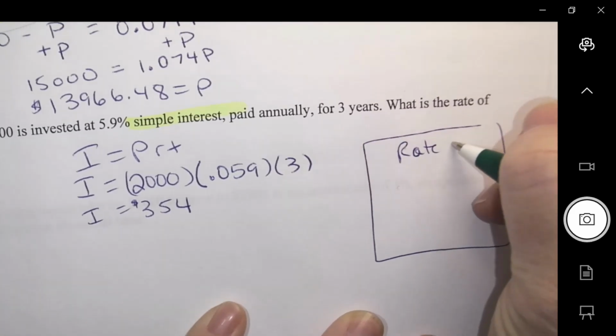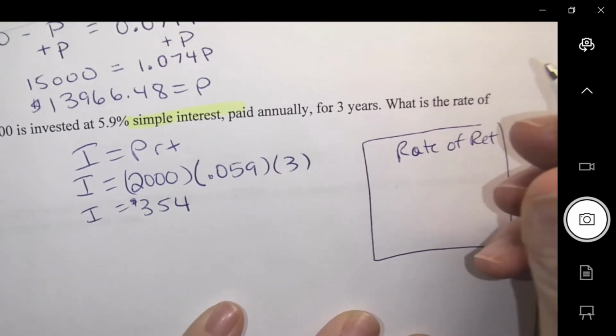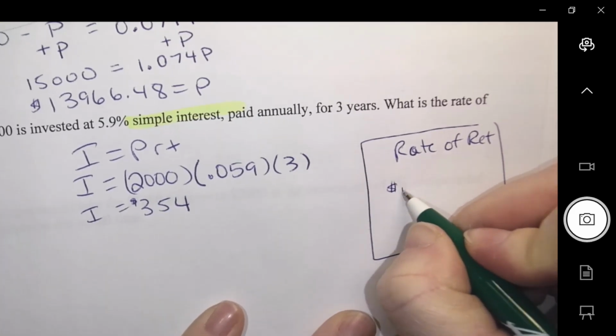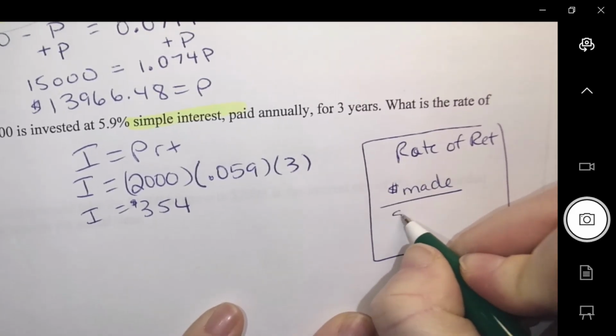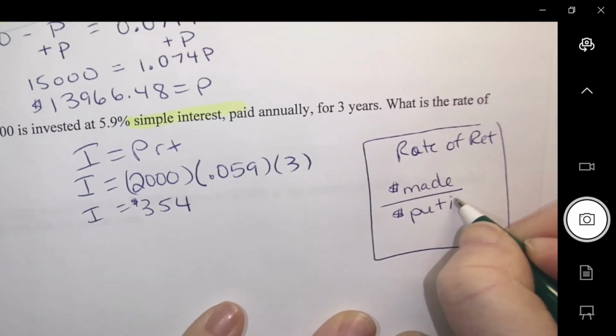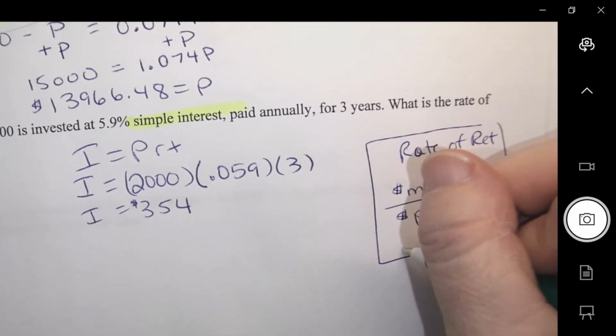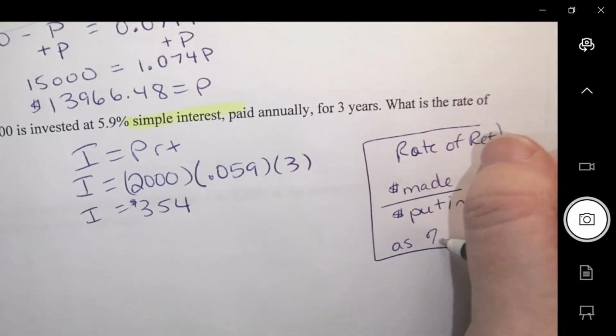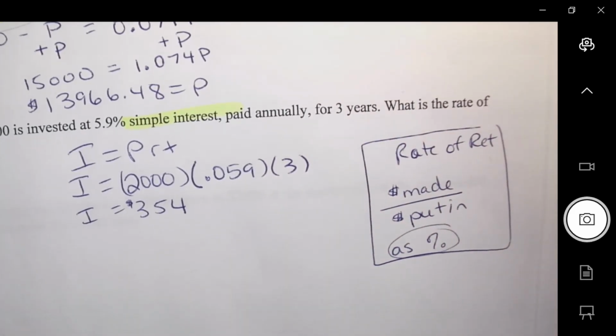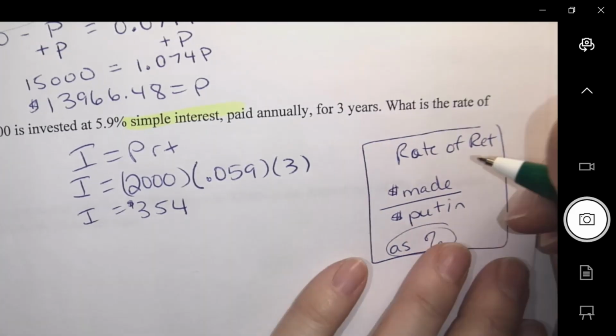So rate of return equals the money made divided by the money put in. That's what I'm always thinking about. And then you always have to write it as a percent. The money you made divided by the money you put in.